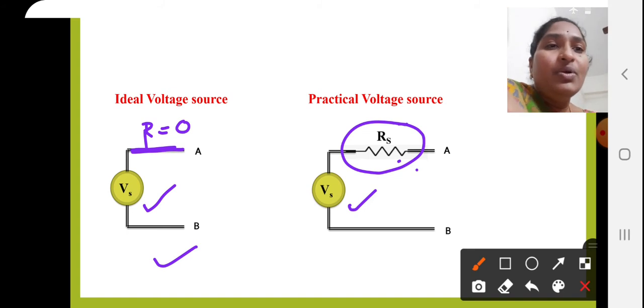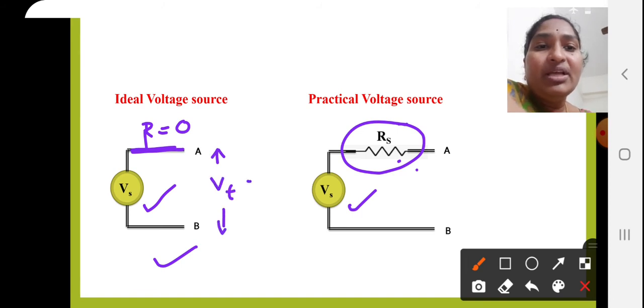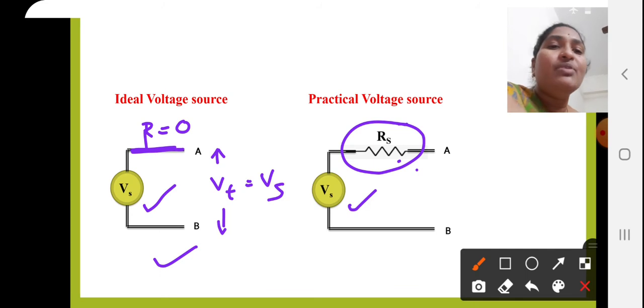In an ideal voltage source, since the resistance is 0, whatever the source voltage, it appears across the terminals. That is, Vt is equal to Vs. There is no drop.